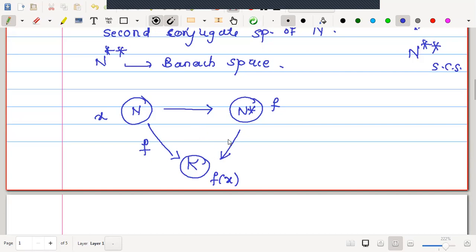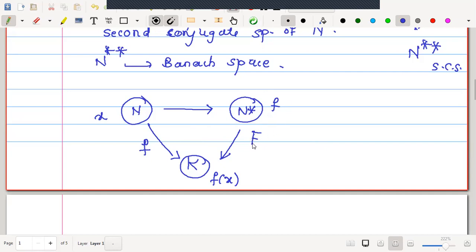Now, try to understand by the second way. This is N star to K. If I define any functional from N star to K, let me denote it by capital F. Then this functional is a member of N double star. Now, what is the capital F image of this small f?